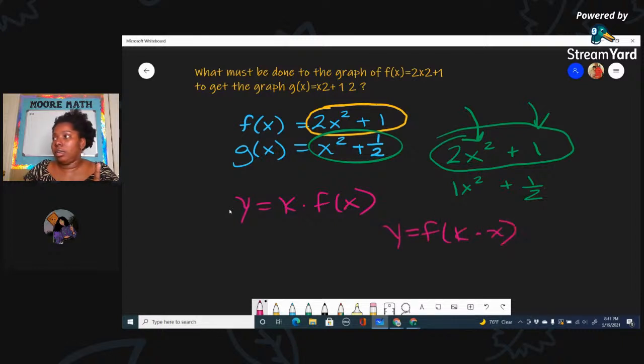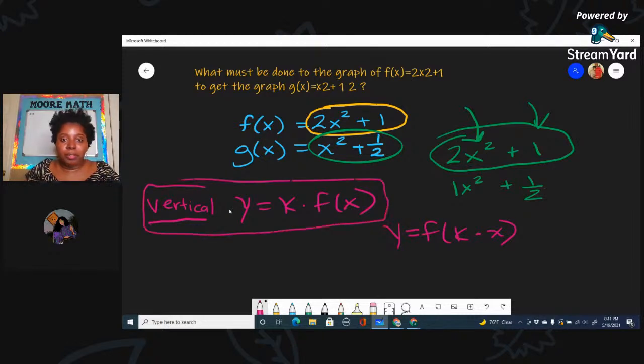I think actually, I'm sorry. This is vertically. We didn't do anything. So vertical, shrinking and stretching. So this is the formula for that. Horizontal is this. That's when we change something about the X. So horizontal, if we were to change something about the X itself, that's when it would be horizontal.